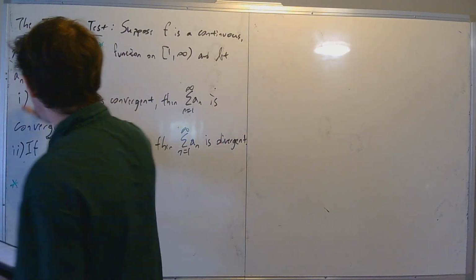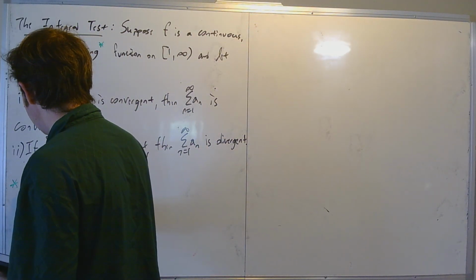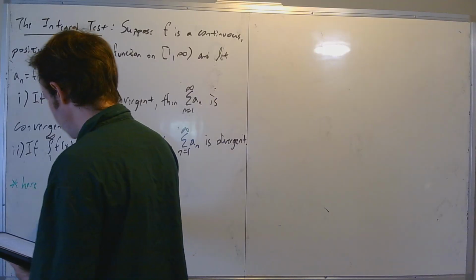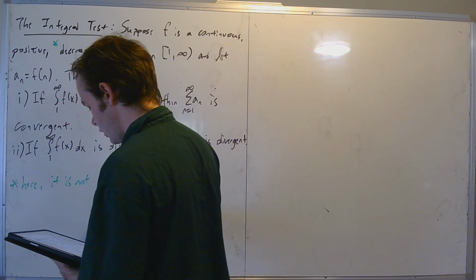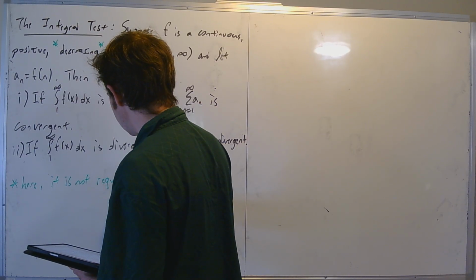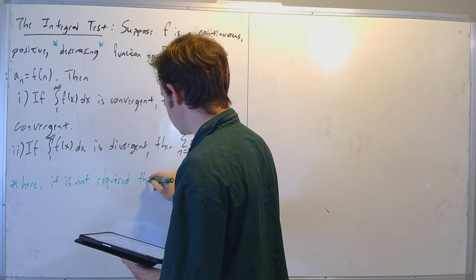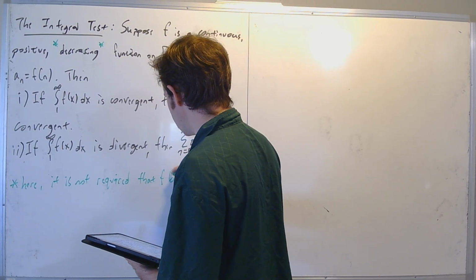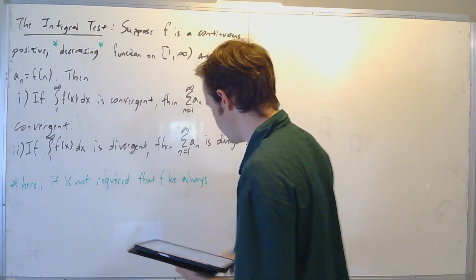So I put asterisks around the word decreasing, and the reason I did that is here it is not required that f be always decreasing.